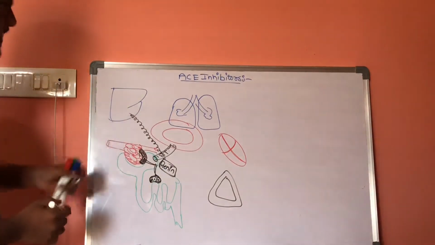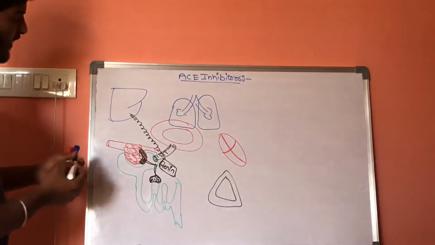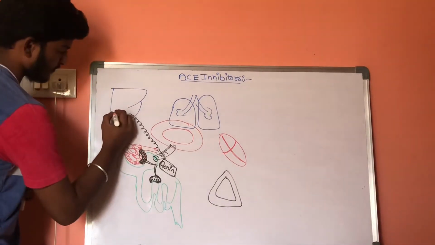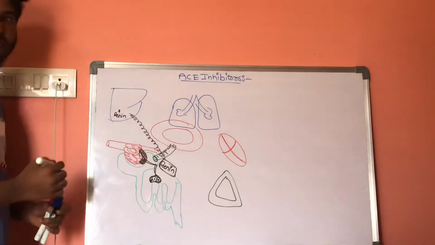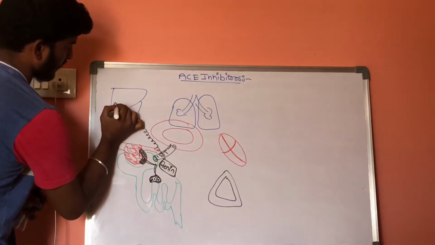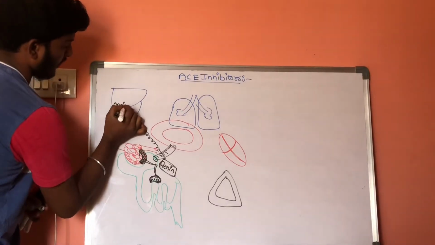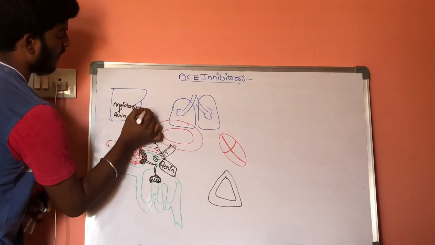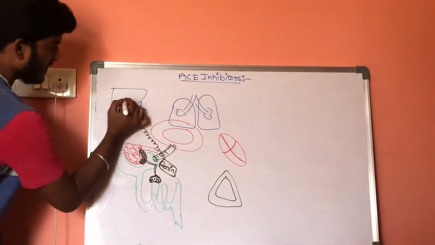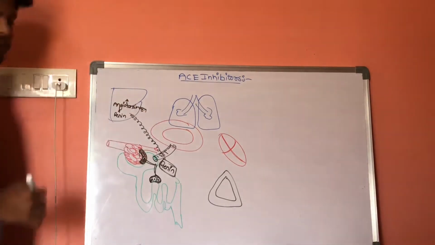and inside the liver it acts on angiotensinogen. Now, this angiotensinogen will get converted into angiotensin 1.